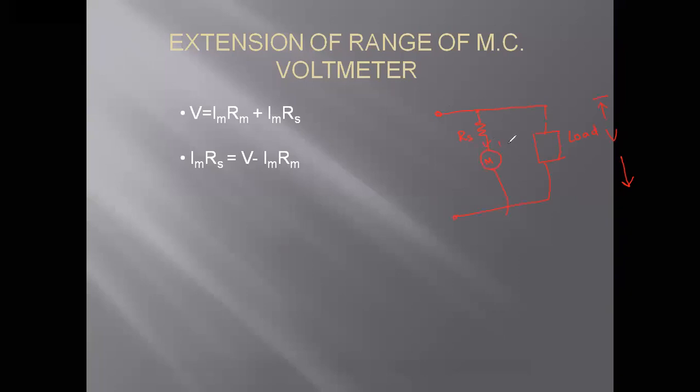The current through the MC meter is Im. Voltage across the MC meter will be Im into Rm, because Rm is the resistance of the meter.